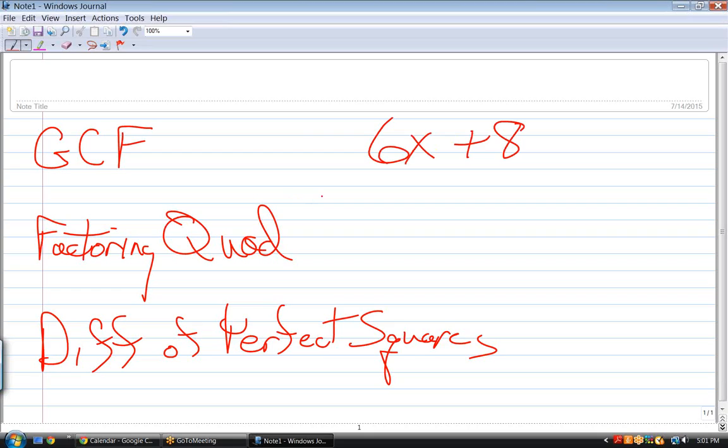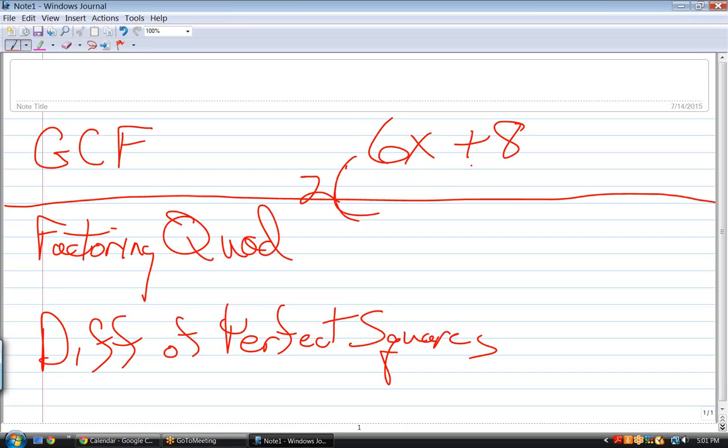So wouldn't you plus the 8? Hold on. Remember what we're looking for when we're looking for a greatest common factor. We're looking for the largest term that divides evenly into both of these two terms that are being added together. And that would be 2. There you go. And what's left over?